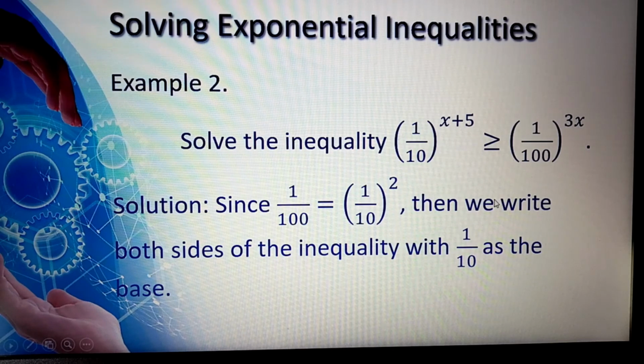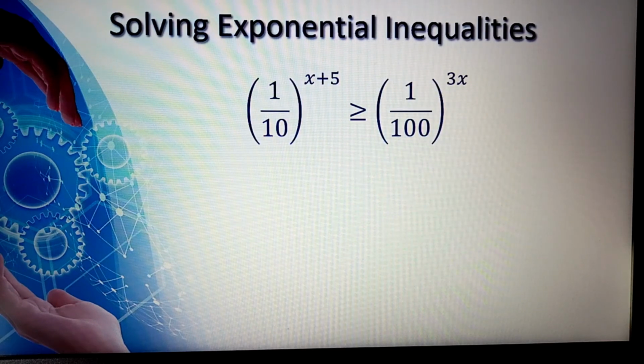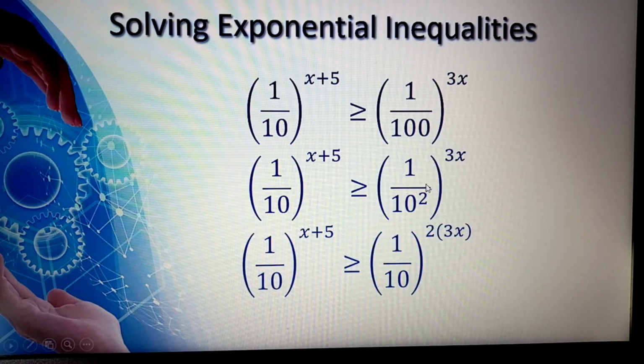Then we write both sides of the inequality with 1 over 10 as the base. So from the original problem, instead of 1 over 100, we use 1 over 10 squared. On the left side, there is no change. On the right side, the change is in 1 over 100. The purpose of 1 over 10 squared, the same as 1 over 10 raised to 2, is to make their bases the same.